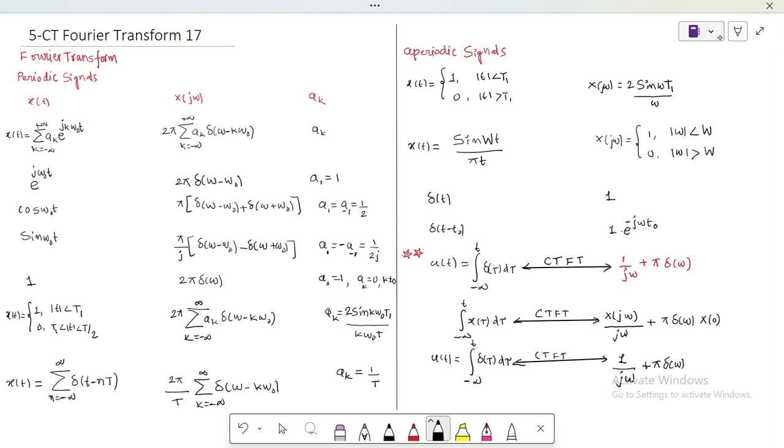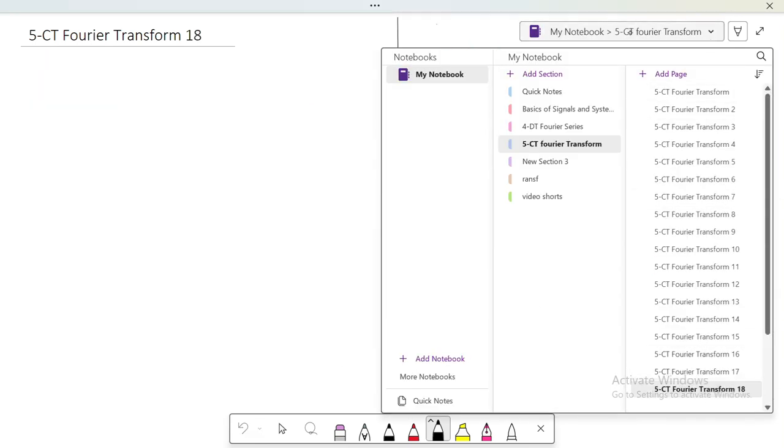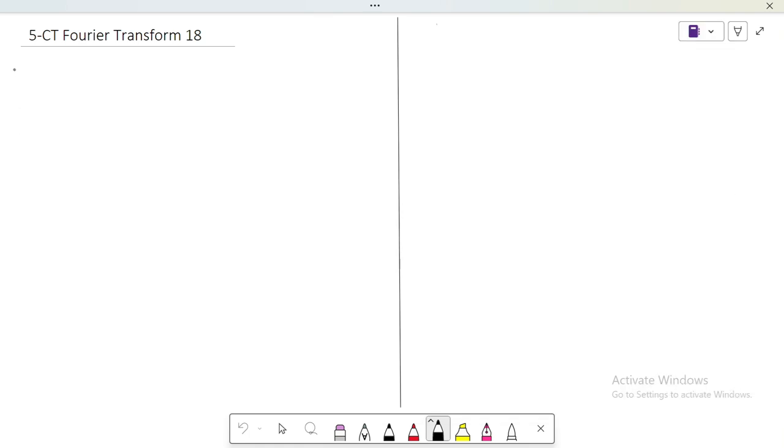So here I'm going to write one question. He may ask you a question like this in the examination, in a multiple choice question. u of t is a continuous time unit step signal.